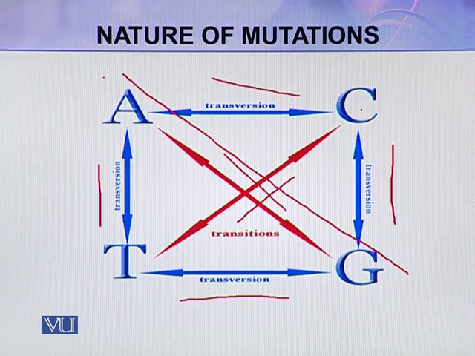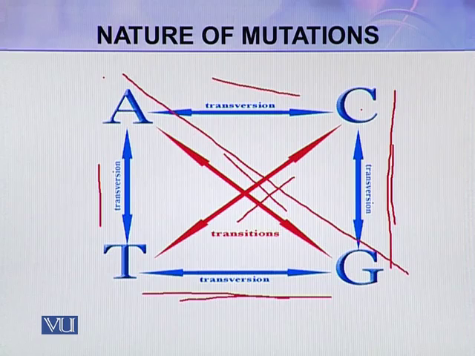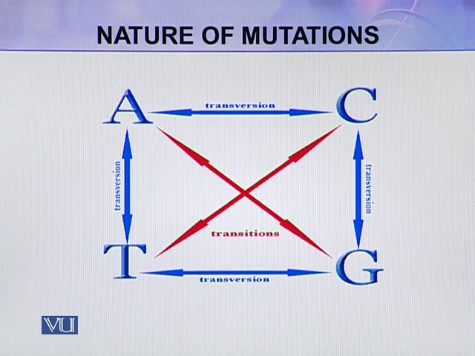If C is substituted for G, this is a transversion. G substituted for T, this is also a transversion. And A substituted for T, this is also a transversion. Similarly, A substituted for C, this is also a transversion. So these are transversions and transitions.